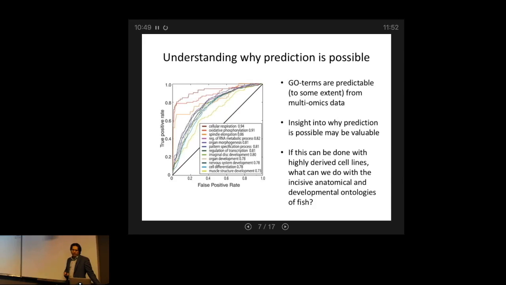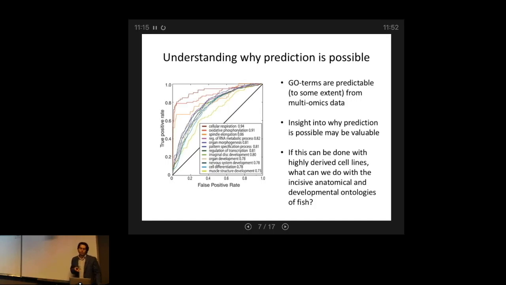Another thing they did that is kind of interesting to point out is they tried to predict the GO terms of genes from multi-omics data. So they just took all the ChIP-seq data, all the chromatin data, all the RNA-seq data, everything they had, and asked, given a high-dimensional profile for each gene, so something like a 2,000-dimensional profile for each gene or more, can you predict its GO term?